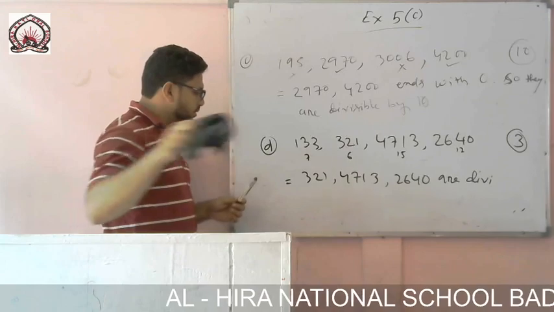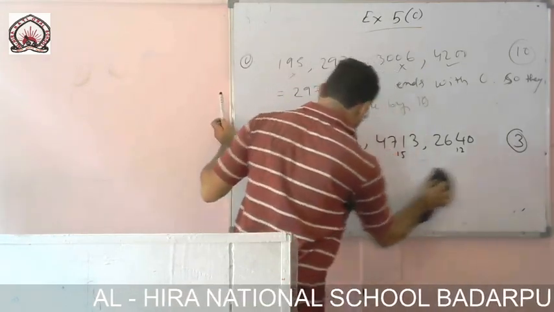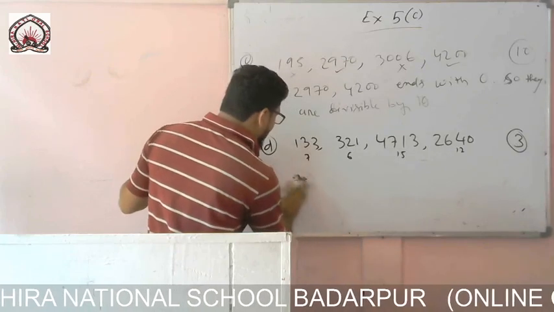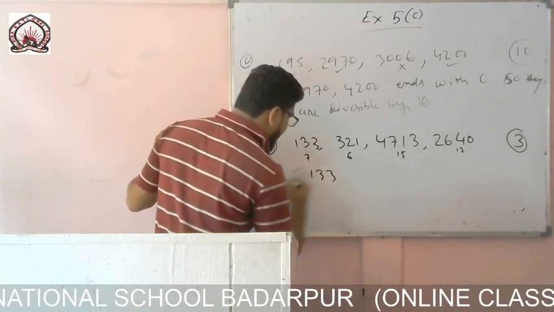One thing you do, you write like this. You check like this. For 133 you check 133.